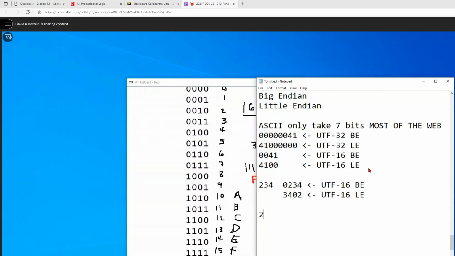Let's say we take 1, 2, 3, 4, 5. All of these numbers that I'm writing on the left here are called code points. It's going to be easy to encode in UTF-32, which means little endian.